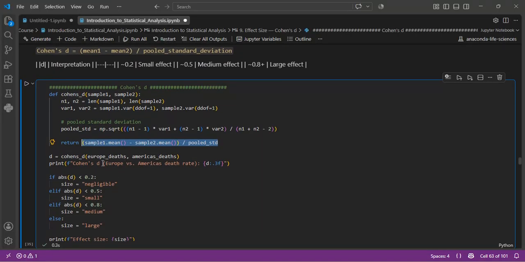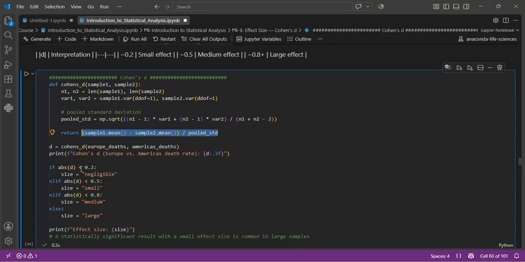Once the Cohen's d is calculated, we can compare it to all these thresholds to tell the size of the difference in their mean, whether the statistically significant difference is small, big, or negligible.